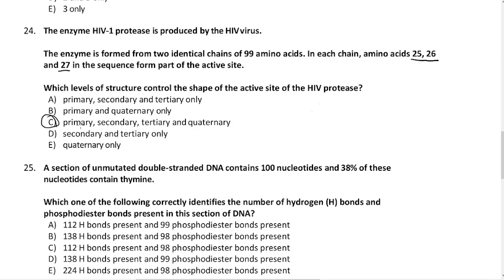If we change the primary structure, it would change everything else. If we change the quaternary structure, the protein would not be functional anymore, even if we change the tertiary or the secondary. So in this case, it's letter C, because it's everything.